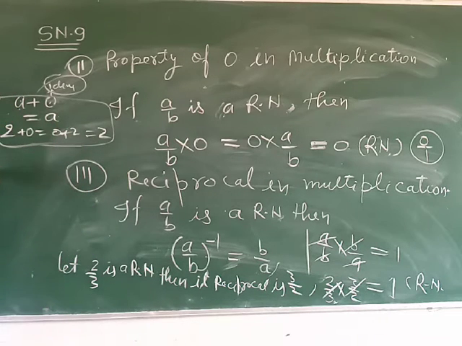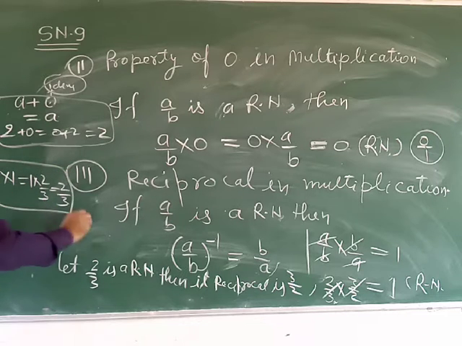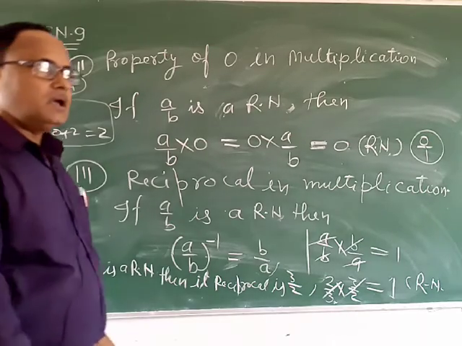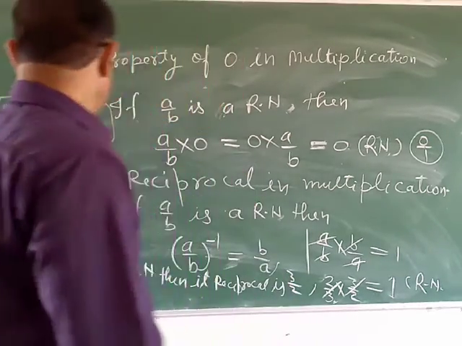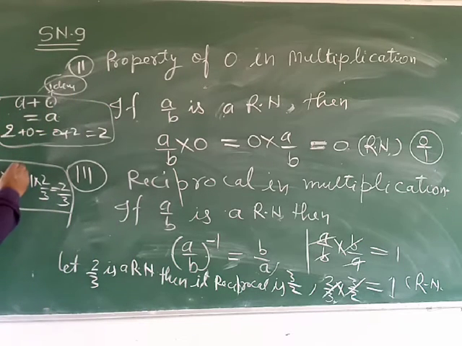Look here, 2/3 into 1 or 1 into 2/3 is equal to 2/3. There is no difference. Then 1 is the multiplicative identity. In addition 0 is the identity, but in multiplication 1 is the identity. Okay, student?